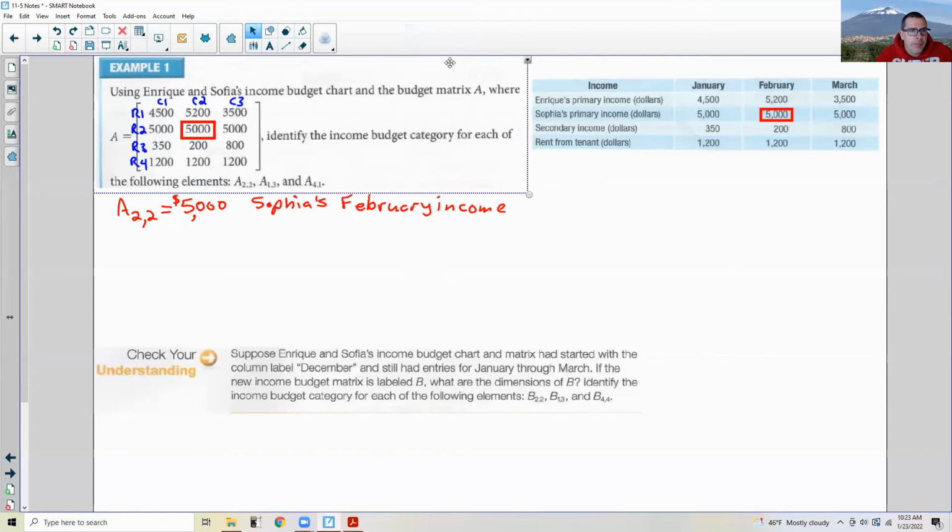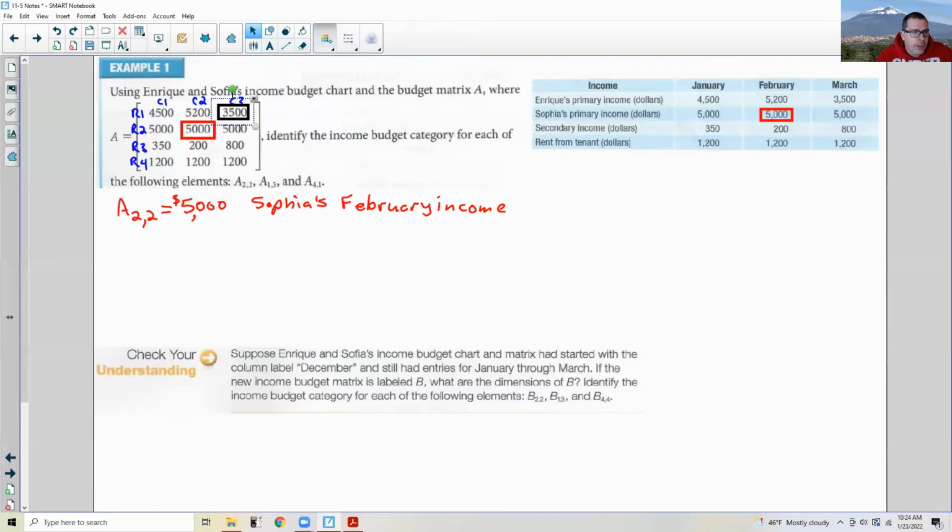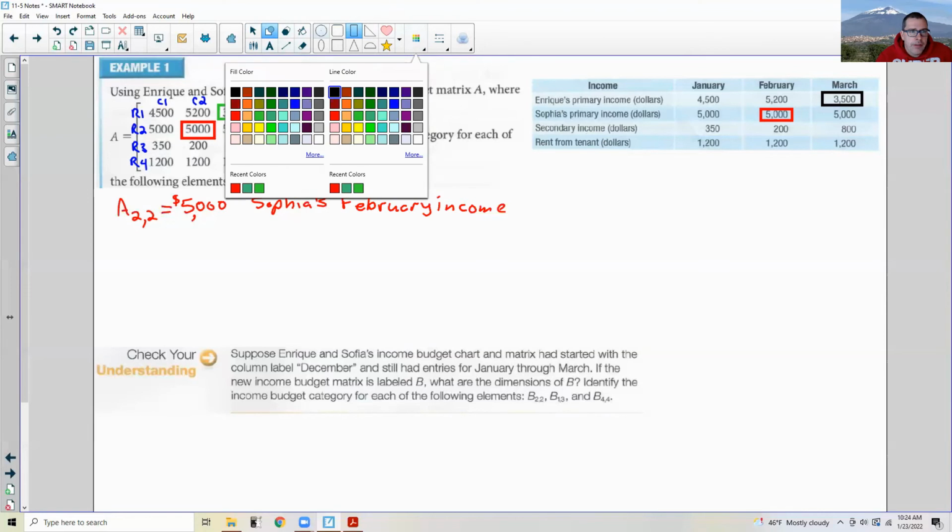A1 comma 3 is right here. It's not letting me do what I want, so I'll just have to change it after. So here's 1 comma 3: row 1, column 3. Change the color to green and do another rectangle, and that was over here, right there.